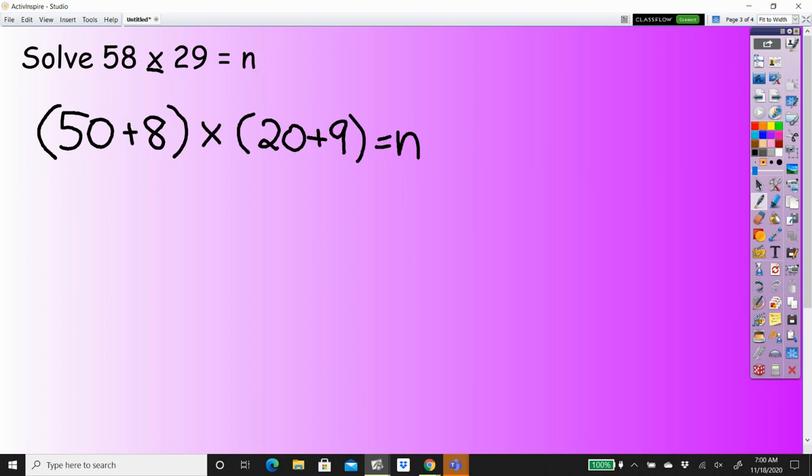Step 2. Distribute all the factors on the left, which would be this, to all the factors on the right. In order to do that, we need to be very organized. So I will show using different colors how we start to distribute the factors on the left to the factors on the right.